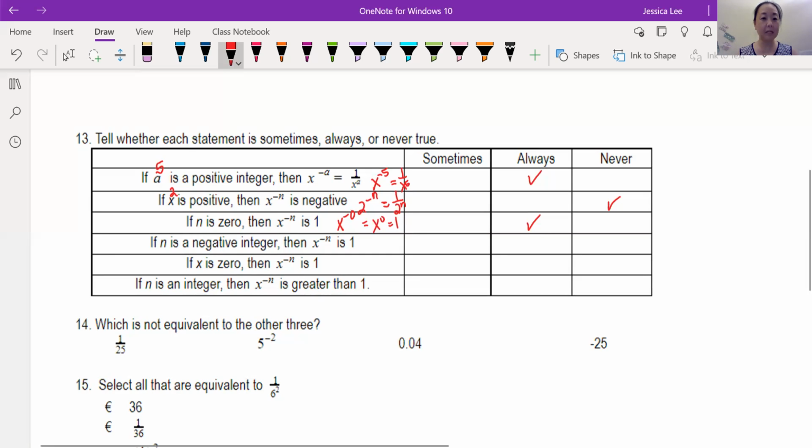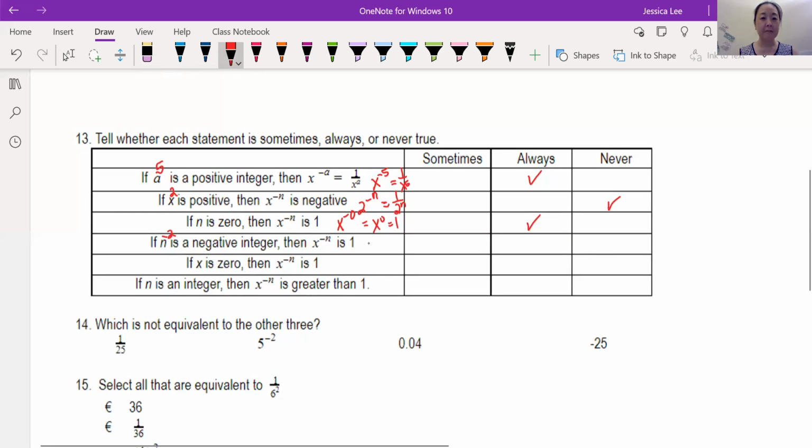If n is a negative number, so we chose 2 here, let's choose negative 2 and see what happens. Negative 2. Oh, just kidding. That's n, not x. Sometimes we've got to read the fine print.